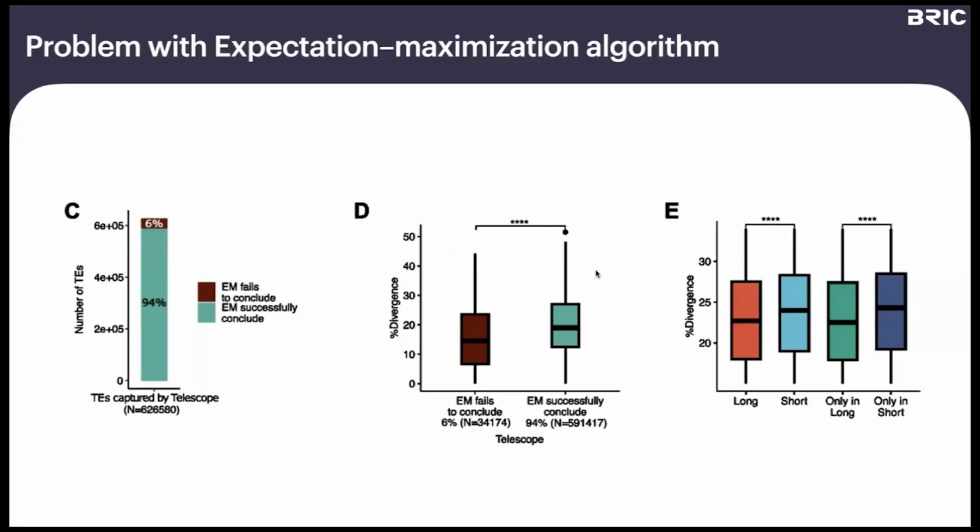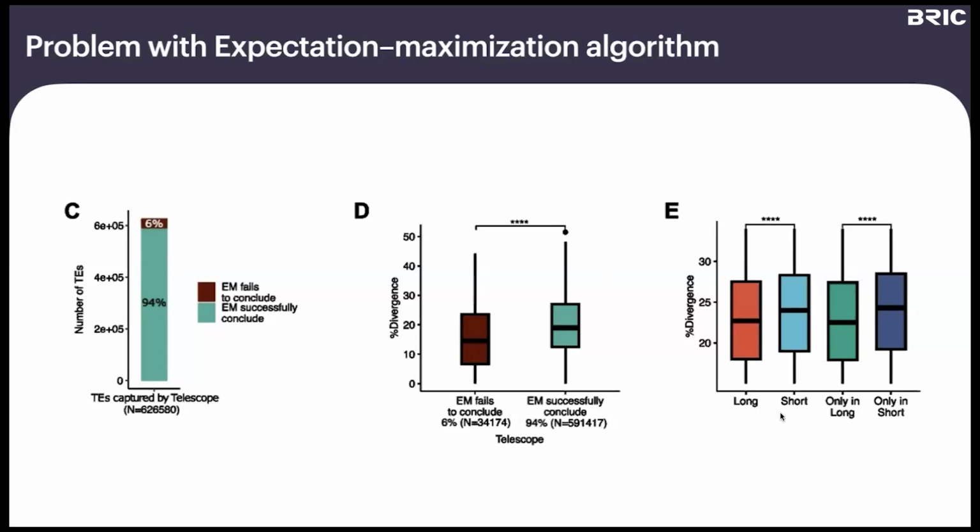This result aligns with our expectation, because younger TEs have not accumulated enough unique sequence over time, making it more challenging for the EM model to distinguish them from other copies in the human genome. In contrast, older TEs typically have much more unique sequence accumulated over time, which makes it easier for the EM model to resolve the multi-mapping issue.